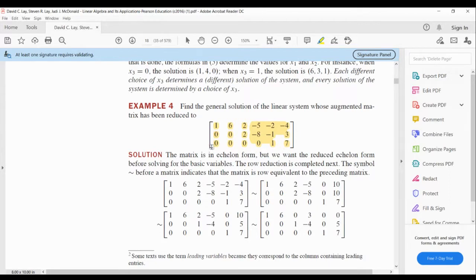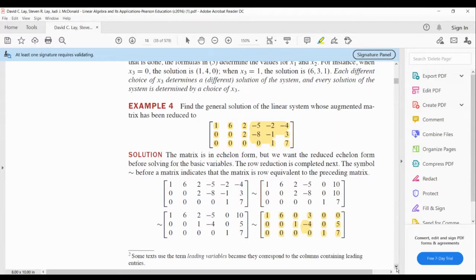We had this matrix, and this is exactly what we had, and we reduced the matrix, we got it in reduced echelon form.